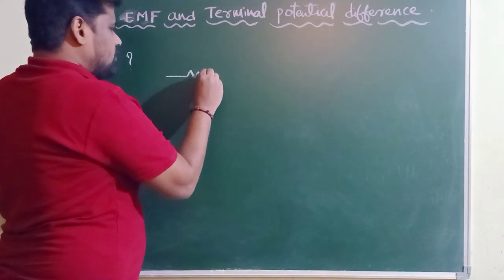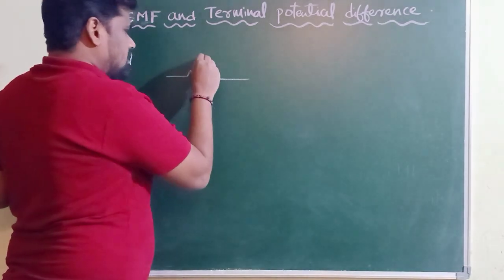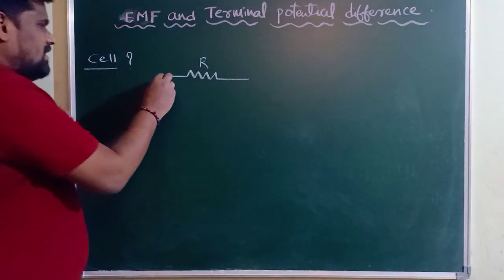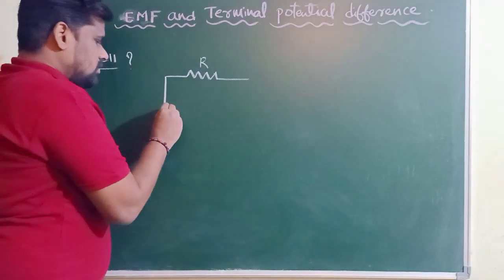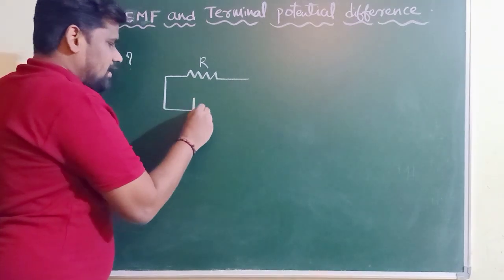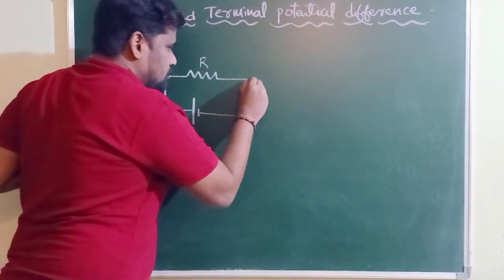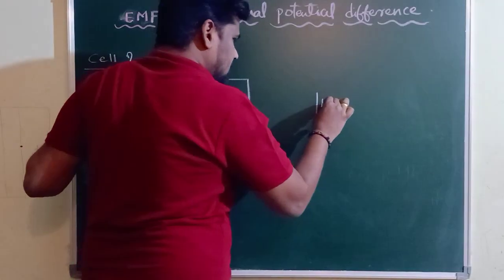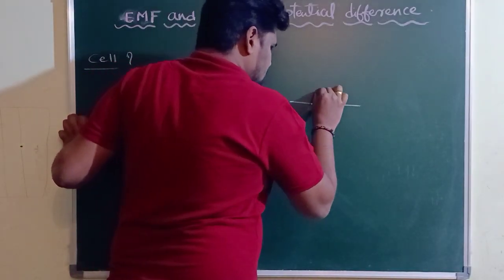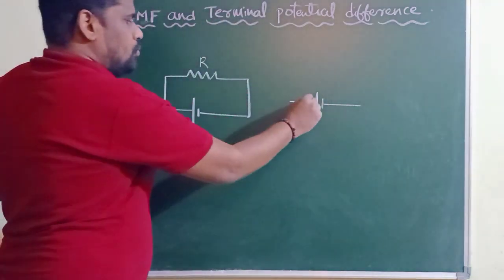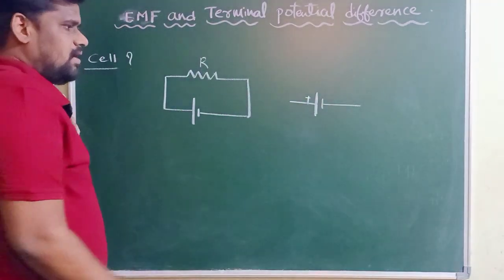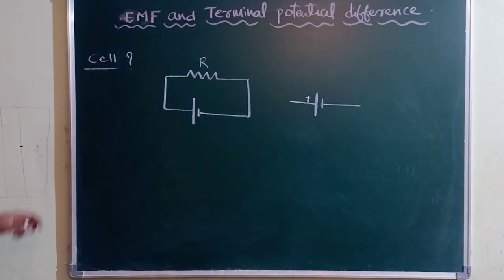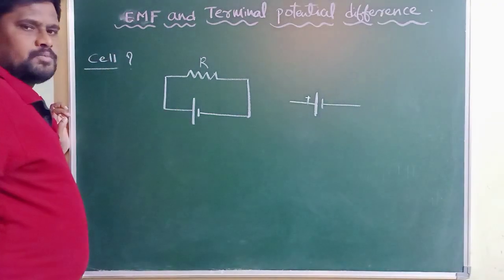A conducting wire of a certain resistance R is connected across a device called a cell. So this is the circuit symbol of the cell here. The big line corresponds to the positive terminal of a cell and the small line corresponds to the negative terminal of a cell. This is the circuit symbol of the cell.